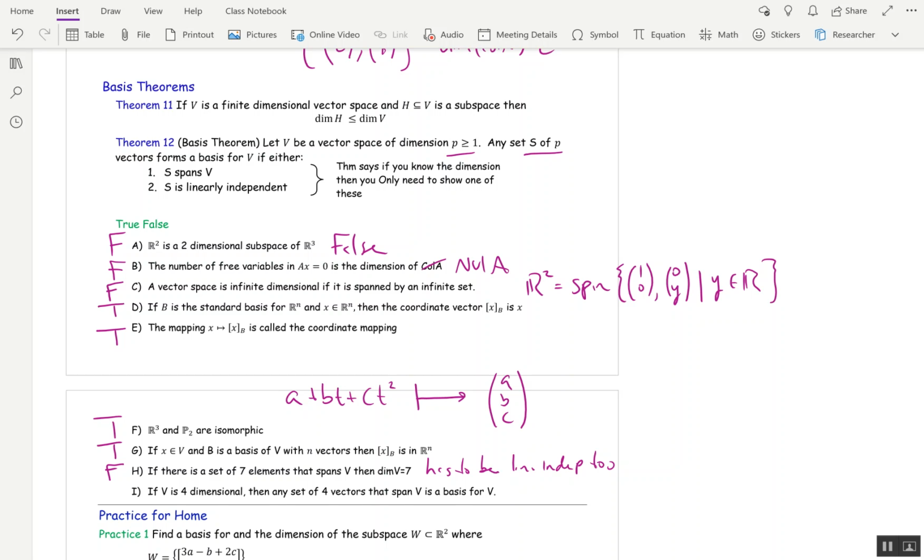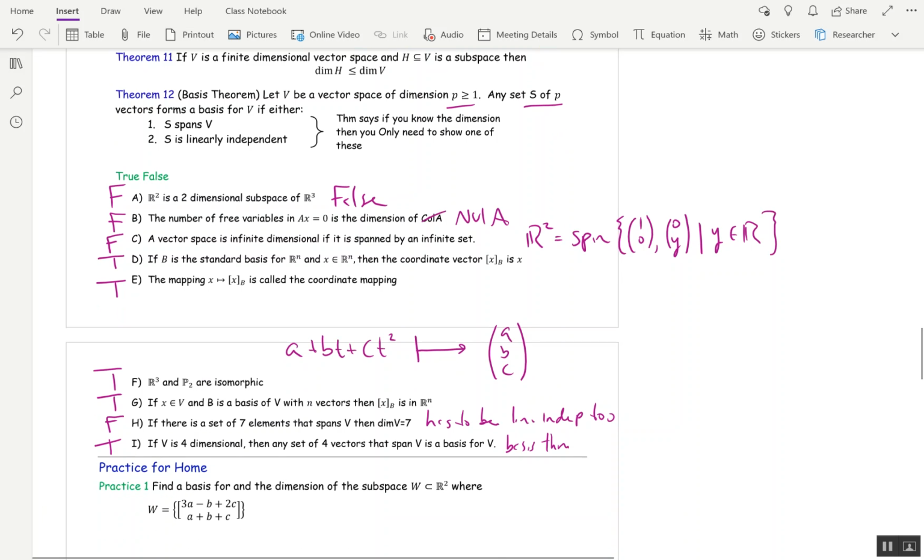But the next one's a little different. If H is 4-dimensional and you have a set of 4 vectors that span, then they form a basis. That's true by the basis theorem. So the last two are different. Take some time to look at those. One's false and one's true.